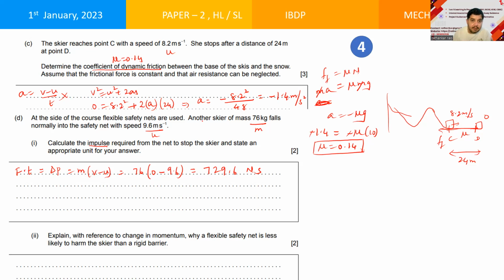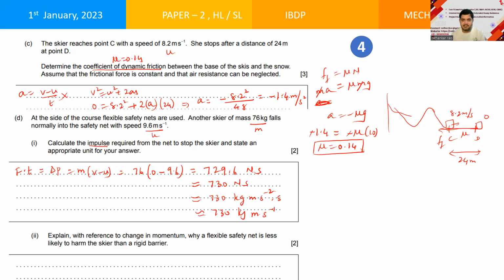Now, one more thing is that when you use 9.6 here and 76 here, there are two significant figures, while here there are four significant figures. So your final answer should be 730 Newton second. What is Newton? Newton is kg meter per second square into second, which should now be equal to 730 kg meter per second.